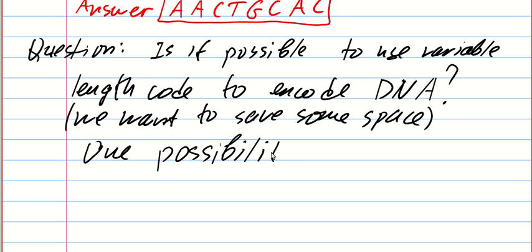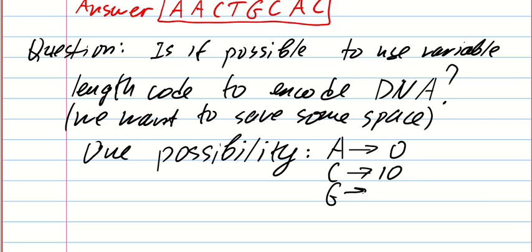In the homeworks you might be provided with a different possibility, but for the class, let's use this code. A is the most common acid, so let's give it the shortest code, so A gets 0. C gets 1, 0. G gets 1, 1, 0. And T gets 1, 1, 1. So we have length 1, length 2, and length 3.